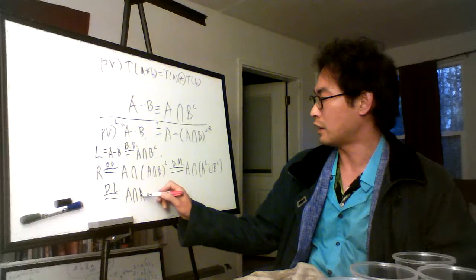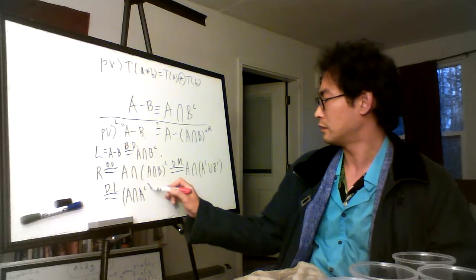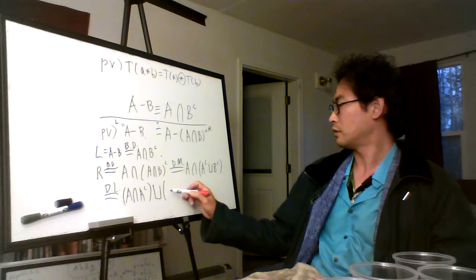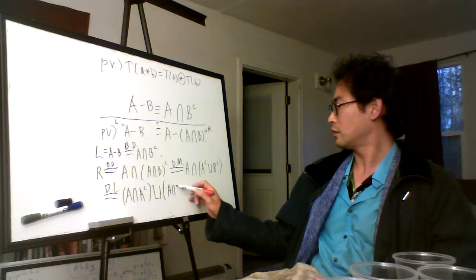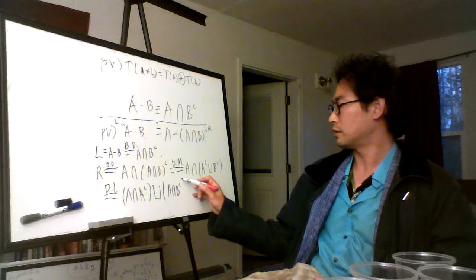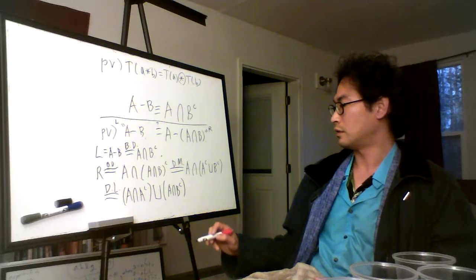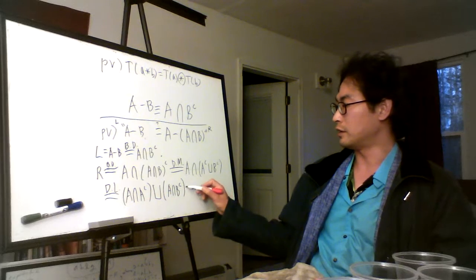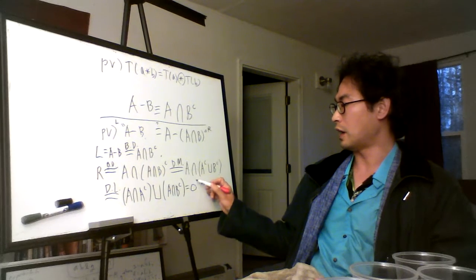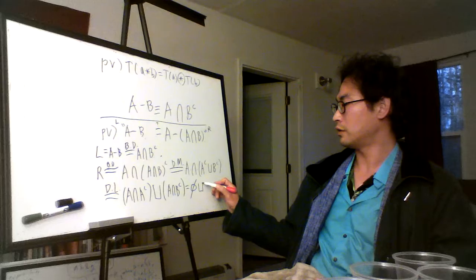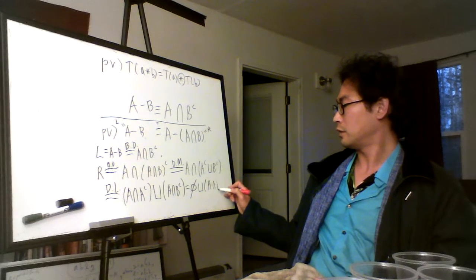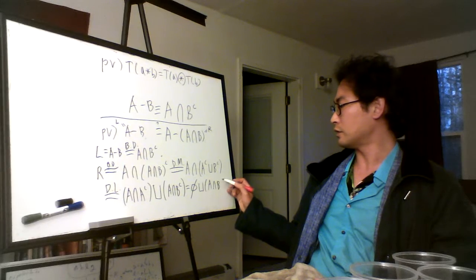A intersection A complement union A intersection B complement. A intersection A complement is the empty set. Union A intersection B complement.